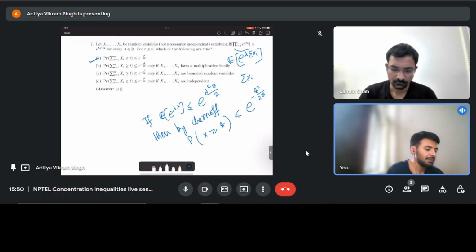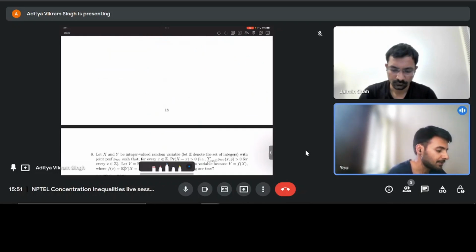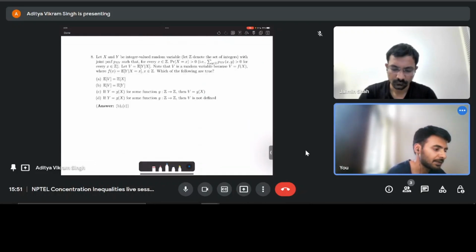So this just follows from Chernoff and doesn't require independence or anything. The whole independence, multiplicative family, and boundedness, all this comes just to get this bound. Once you have this bound, you don't need those things. So A is true, and B, C, and D say only if xi's are multiplicative, only if xi's are bounded, only if xi's are independent. Because of the only if, these are false. So again, this is just the application of Chernoff once you have the MGF.